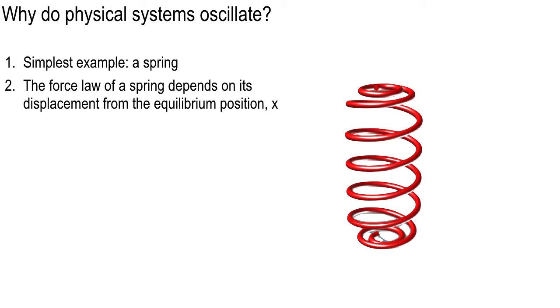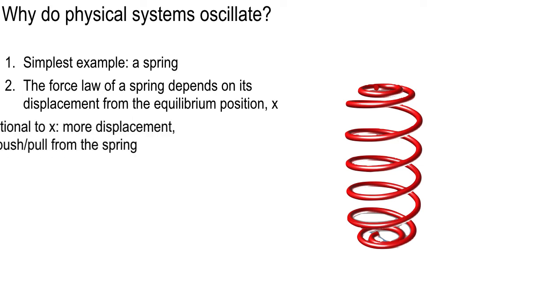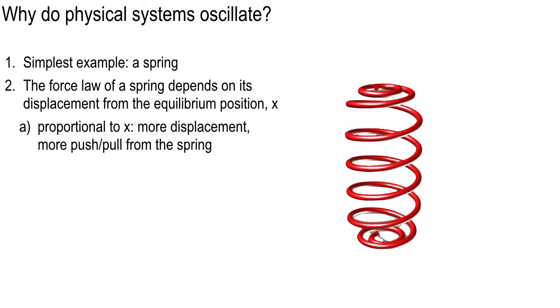The simplest example, though, is a spring. Now, the force law for a spring is basically that the force depends on your displacement from equilibrium. Equilibrium is becoming a more and more important concept. So the force is proportional to x.